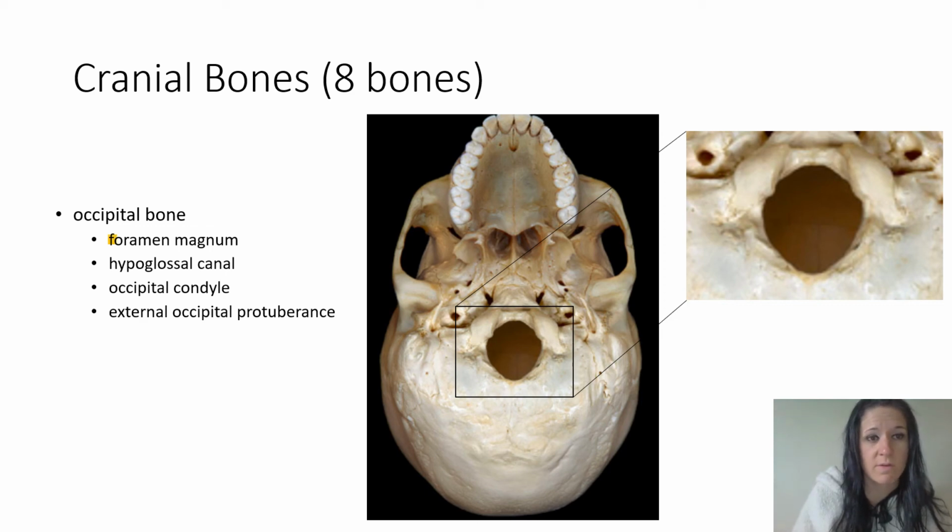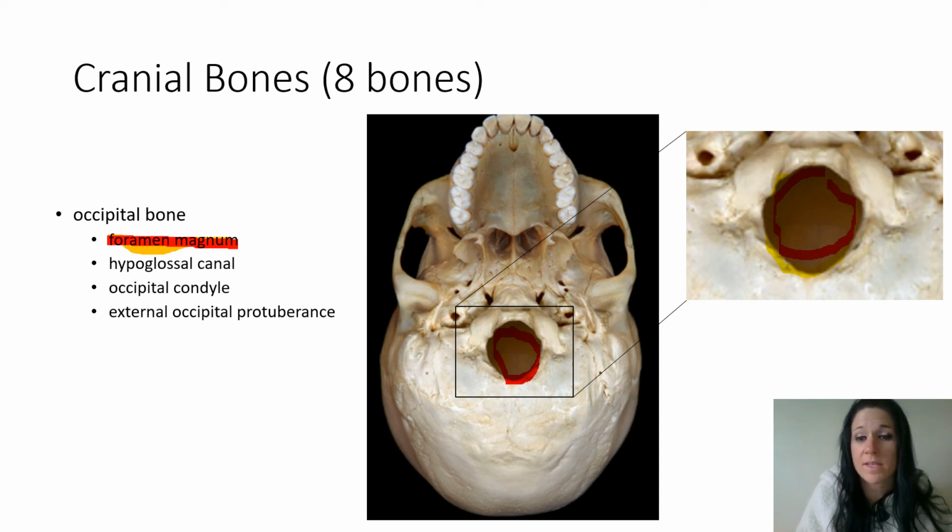Our foramen magnum, big hole, is going to be this structure here. Yellow is not a good color to highlight that with. We'll try red. All right, foramen magnum. Here's our foramen magnum, and up here's our foramen magnum.